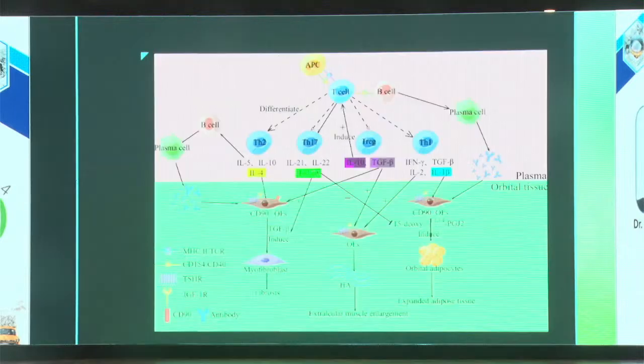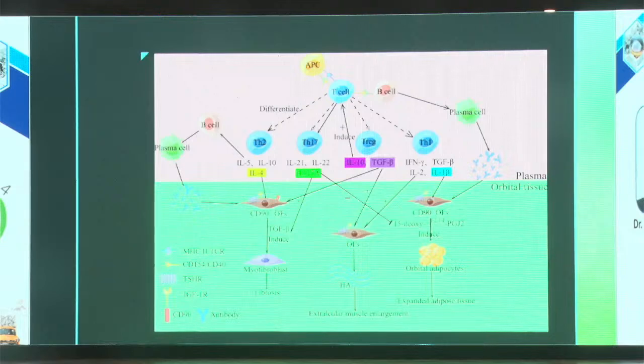And that's the reason we see that in the eyes, in the orbits, the pathology is very similar, in the sense that it is the orbital fibroblasts which have the TSH receptor antibody coupled with co-localization of the IGF-1 receptor.